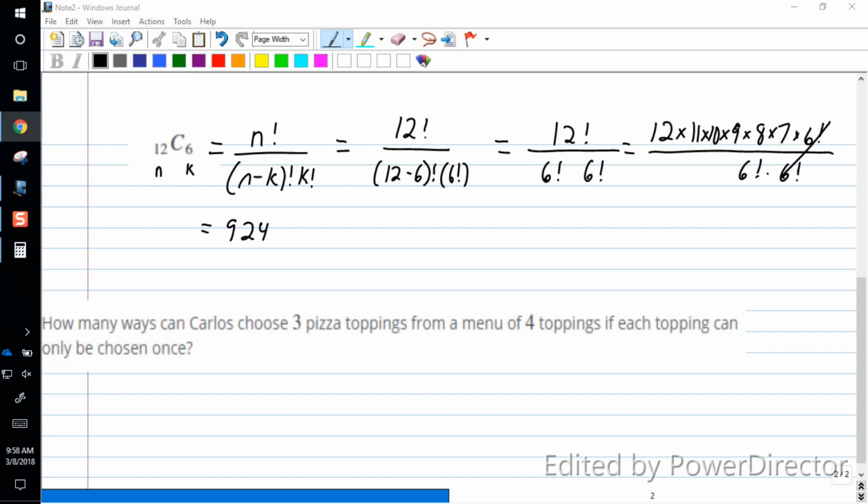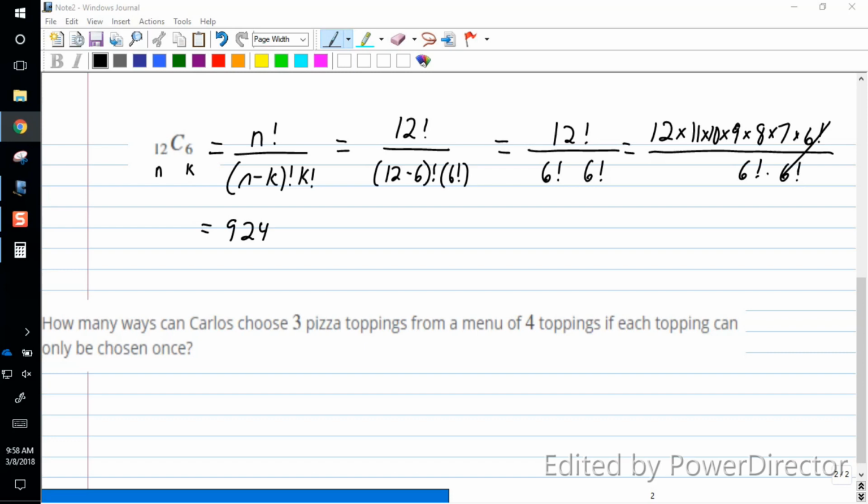It says, how many ways can Carlos choose 3 pizza toppings from a menu of 4 toppings if each topping can only be chosen once? So how many ways can he choose?